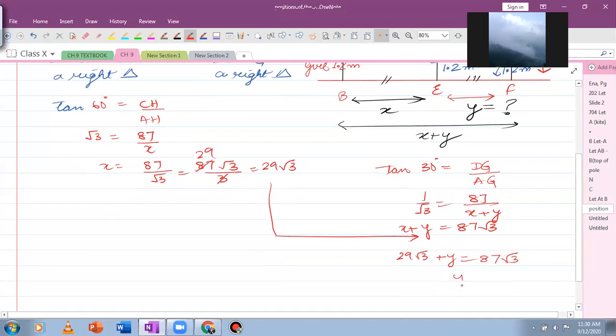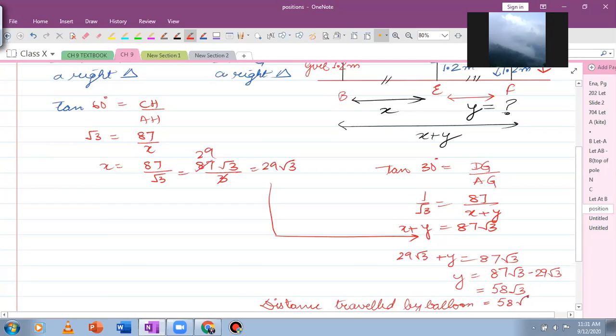And from here you can obtain y as 87 root 3 minus 29 root 3, and this will be 58 root 3. So the distance traveled by the balloon is 58 root 3 meters.